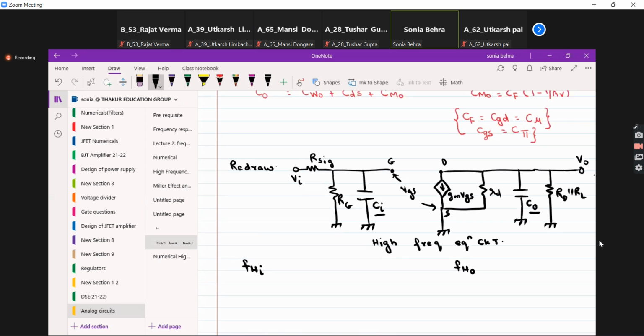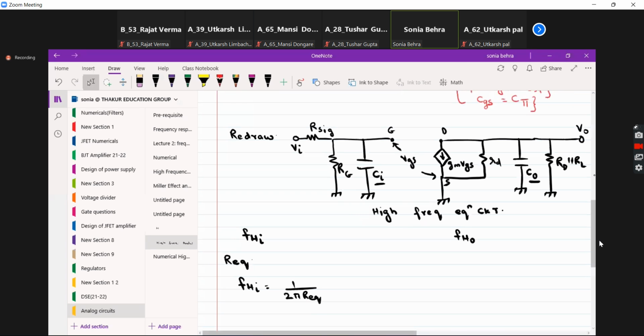Okay, so आपको इन दोनों के लिए R equivalent find out करना है. फॉर्मूला हमारा फ्रीक्वेंसी का सेम है, FHI हो, it is 1 by 2 pi R equivalent into that particular capacitor, that is CI. सिमिलरली यहाँ पे FHO का फॉर्मूला भी आपका सेम रहेगा, 1 by 2 pi R equivalent into CO. ओके, अब इसके लिए आपको आर इक्विवेलेंट फाइंड आउट करना है। तो इनपुट कैपेसिटर इज एट द इनपुट साइड। तो यहां से आप देखो और आर इक्विवेलेंट बताओ मुझे, कौन सा दिख रहा है इक्विवेलेंट आपको?